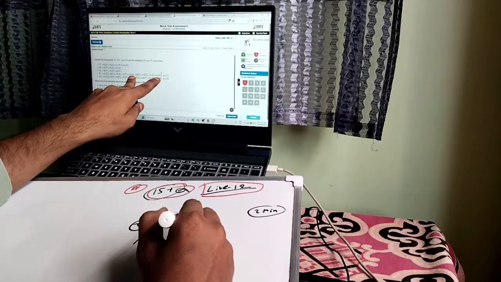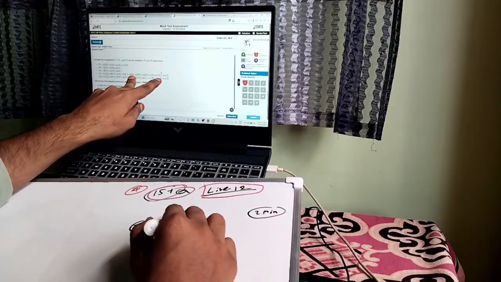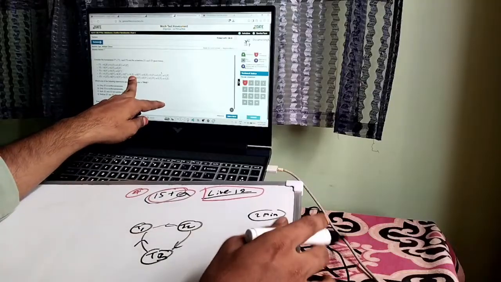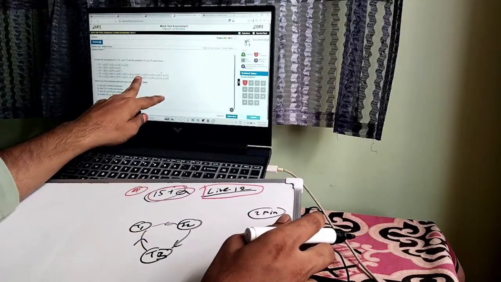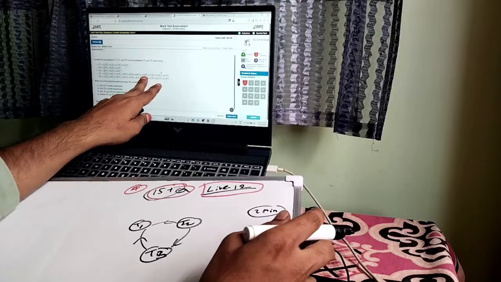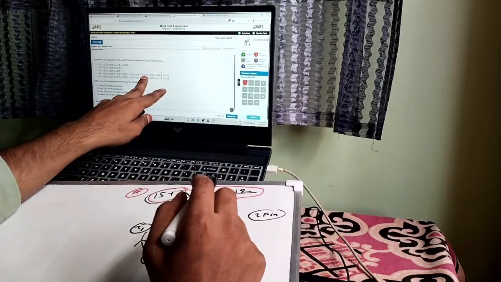Wait, R2 to 1. Oh, but it is not. It's not 1 second. 3 to. Right there in Y and over. And Z. 2 to 1. 2 to 1 is there. No, 2 to 1.